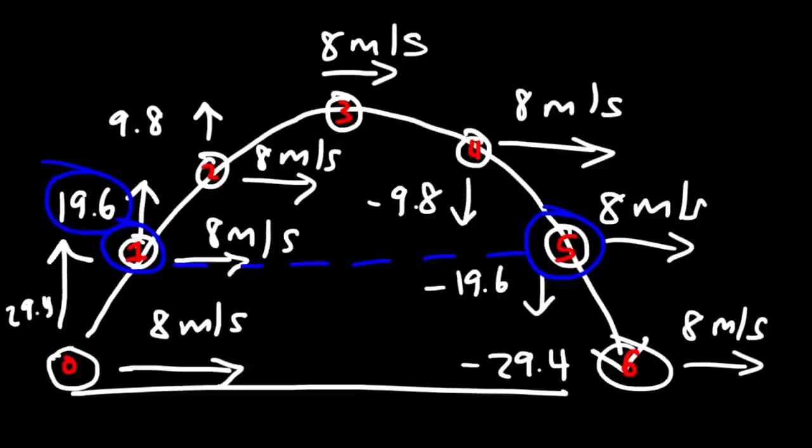This is positive 19.6 and that's negative 19.6. So the velocities just have opposite signs, but speed in either case is still positive 19.6. So the speed is the same when the height is the same. But Vx doesn't change in a typical projectile motion problem. Only Vy changes based on the gravitational acceleration.